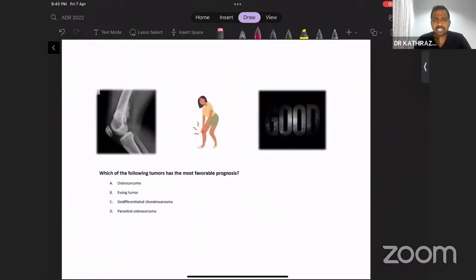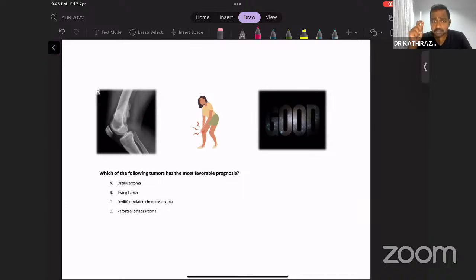Now, another easy, commonly tested topic, which is osteosarcoma, right? But look into the question. Which of the following tumors has the most favorable prognosis? Just make a wild guess.